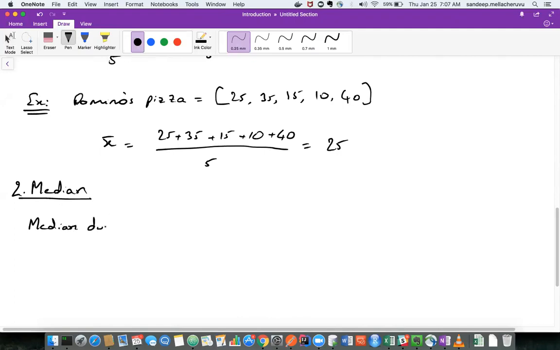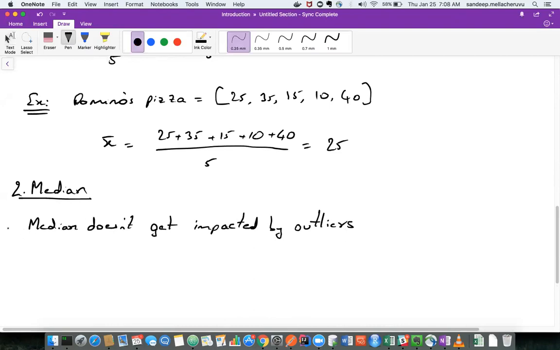Median doesn't get impacted by, instead of writing extreme values, I can also write outliers. Both are the same, I already explained this. Median will not get impacted by the outliers.